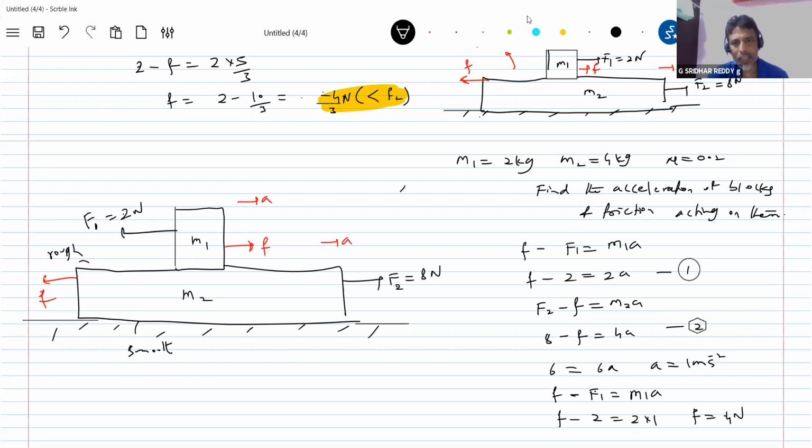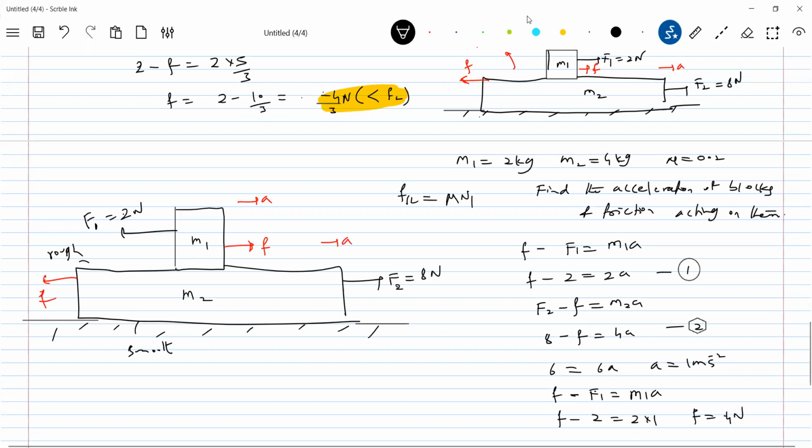So let's calculate the limiting friction. How much was it equal to? Mu N. I think I'll change the value a little bit, because equal to 4 Newton means motion impending will come.